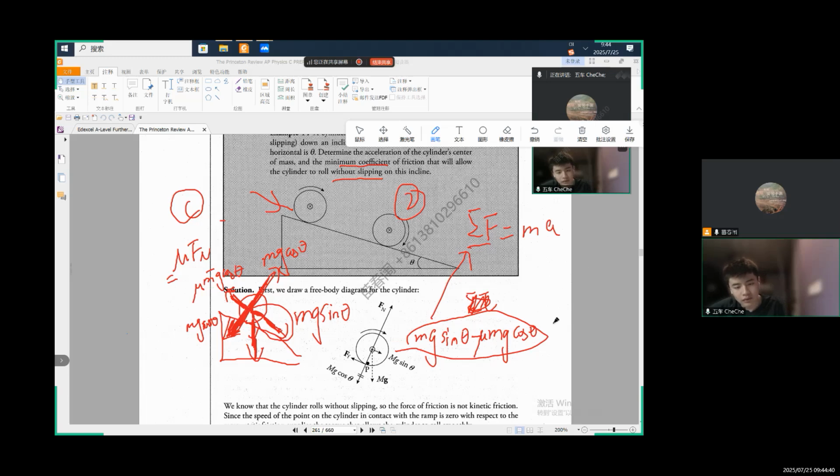Yes. And this equals ma, using what they give. This is mass times the acceleration you just found, which is 2g sine theta over 3, what we found in the first question.